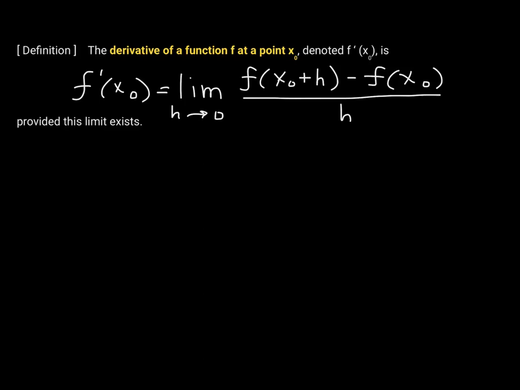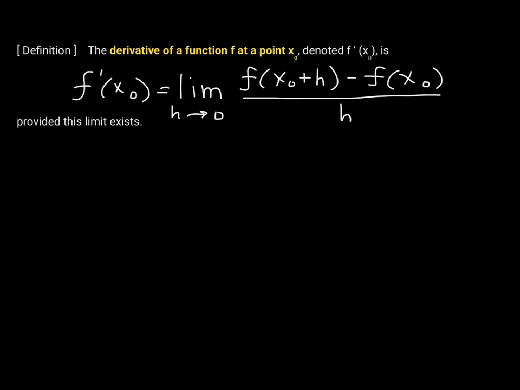Now, I think it's important to remember that this definition, this derivative, has more than one meaning. It depends on the problem we're looking at. This derivative is the slope of the tangent line, right?